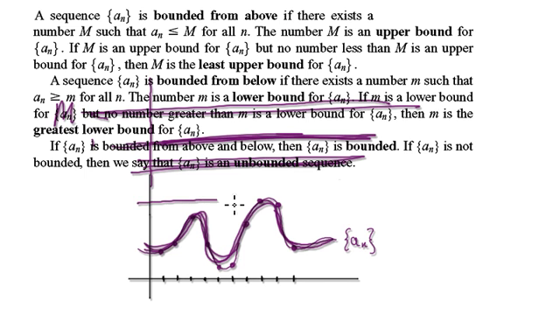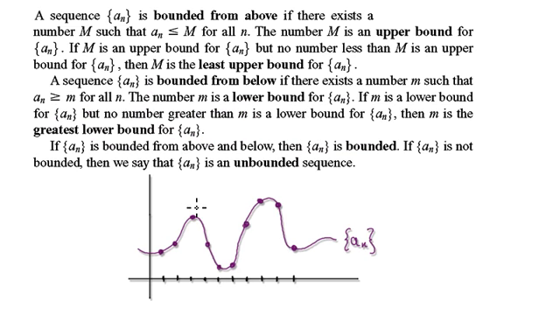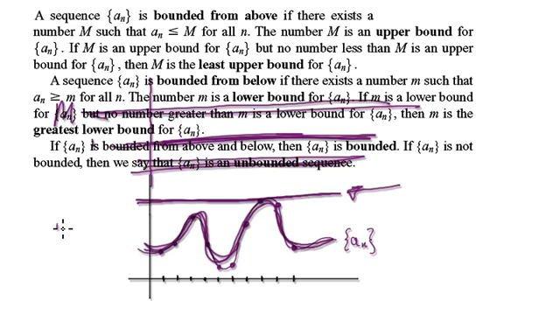But then there will come a ceiling where no other ceiling less than this ceiling is an upper bound for that sequence. Basically, what it's saying is that this ceiling here is your least upper bound for that sequence.